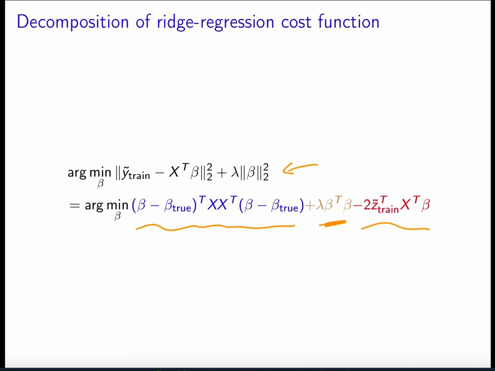You can just check this expansion again on your own, or look at the video on the coefficient error of ordinary least squares, but we're deliberately ignoring every term in that expression that does not depend on beta, okay? Okay, so we have this cost function now.